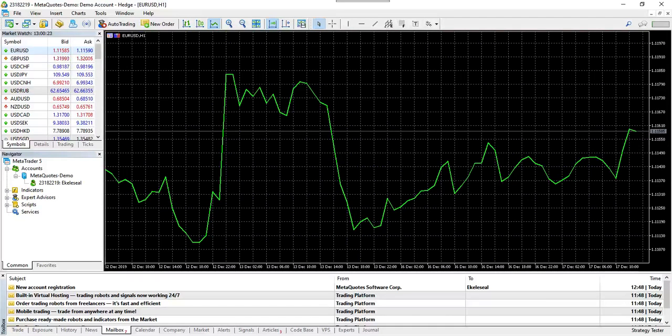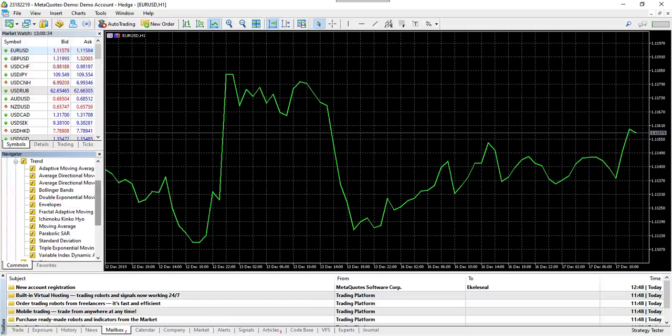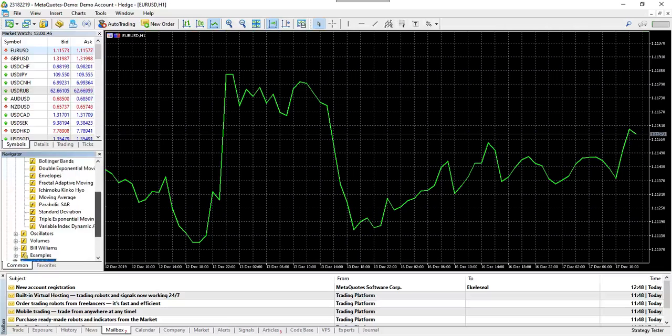Under these indicators, you can go here. This one doesn't really have much. Okay, trends. Now I like using Heikin Ashi. Oh, it doesn't have Heikin Ashi.